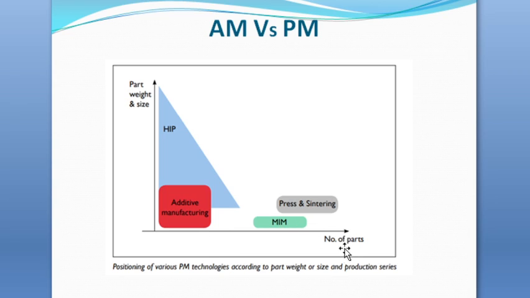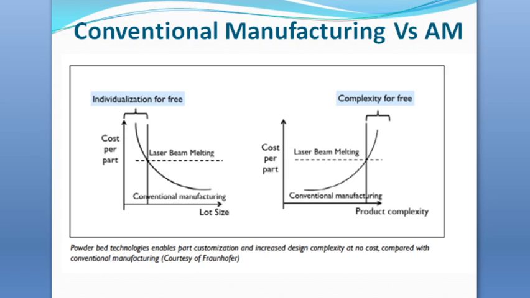Here components produced per year, lot size is high, but component shape and size is very less. In additive manufacturing, the number of parts is also less, and size and weight of the component are also less. A comparison with conventional manufacturing.